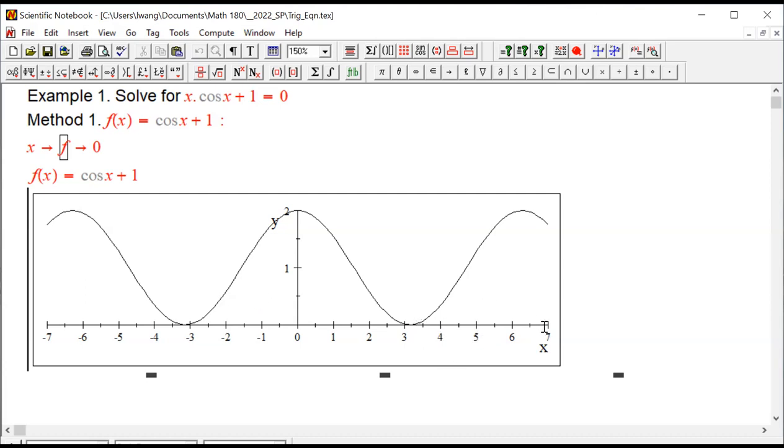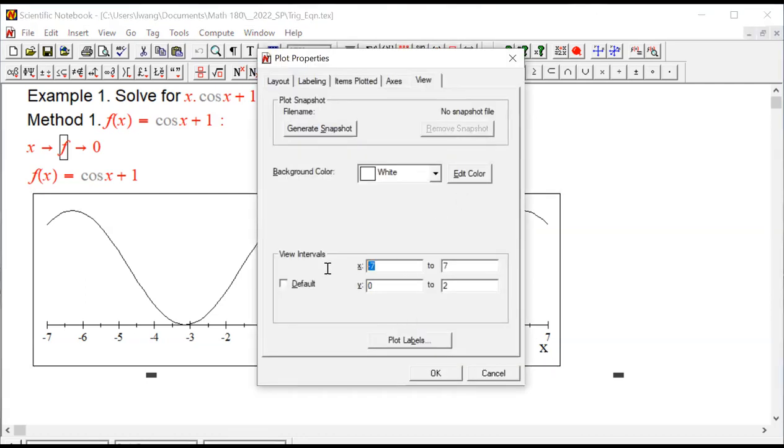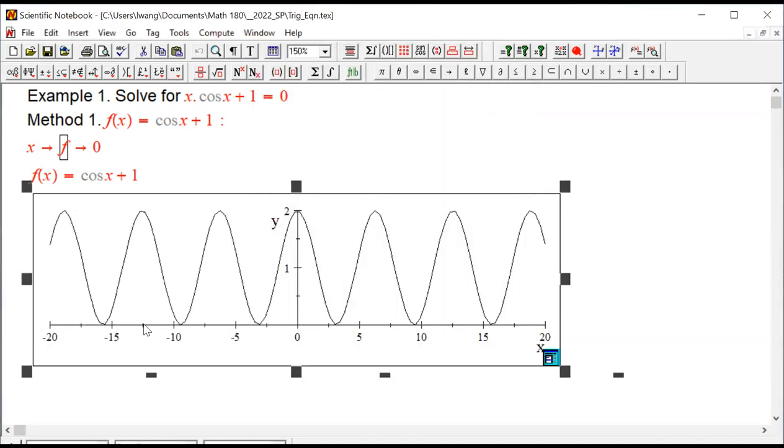And obviously, we have many solutions. If we extend the picture to see more of it, you can see there are many points.